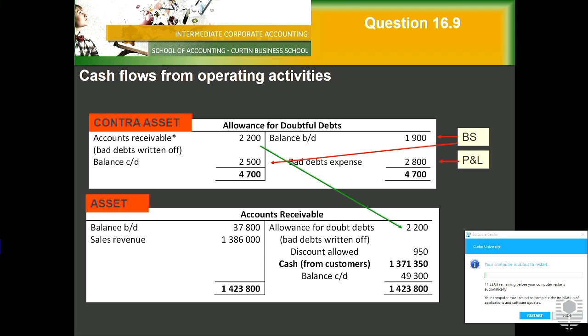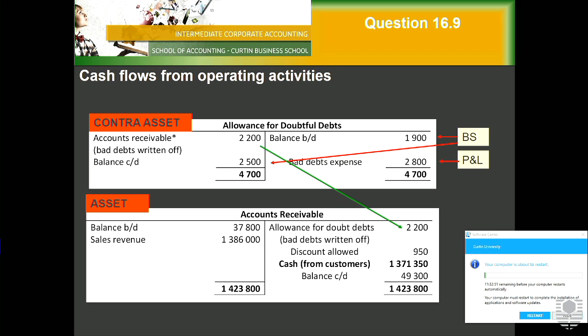The biggest side is the debit side, so your sales revenue plus your opening balance from last year of 37,800 adds up to 1,423,800. Your little T account must balance.